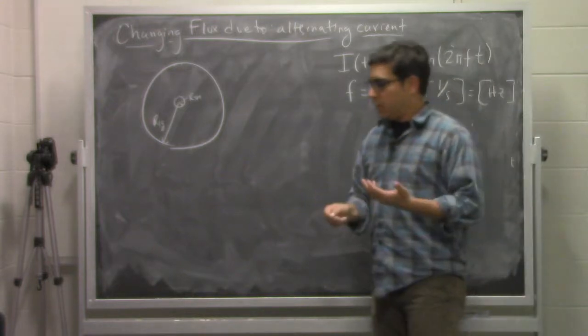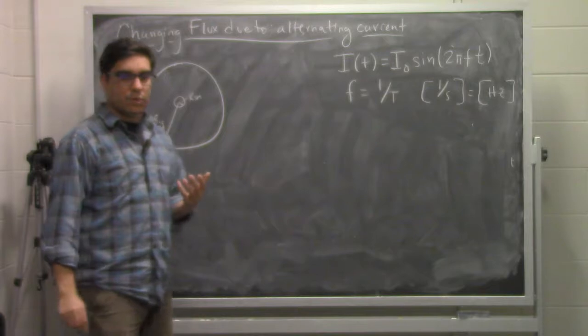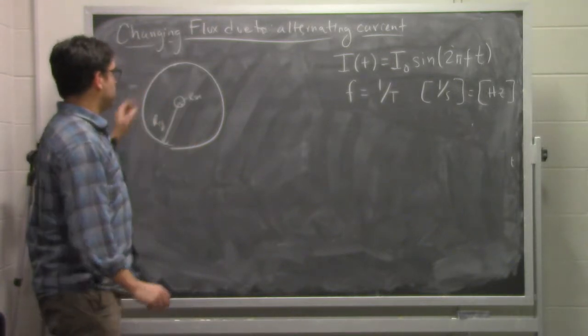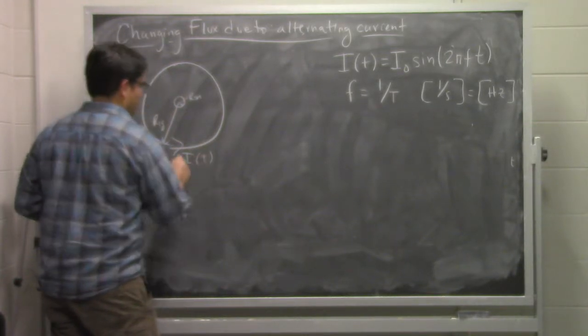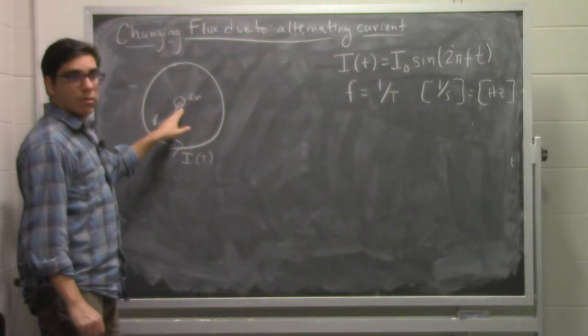And so earlier we derived a result which described exactly how this situation works for an induced potential in this smaller loop. So what we'll do is let this current run through the larger loop, and we're going to look at what the induced current is in this smaller loop as a result.